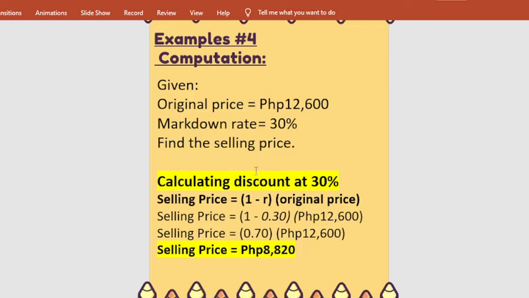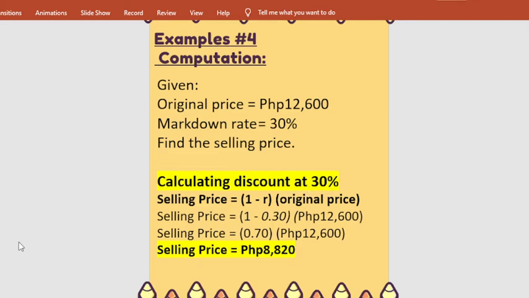So substitute the given value, 1 minus the rate, which is 0.30, and then times 12,600. The selling price is equal to 0.70 times 12,600, which is equal to 8,820. So this is the selling price, 8,820, for the discount at 30%.